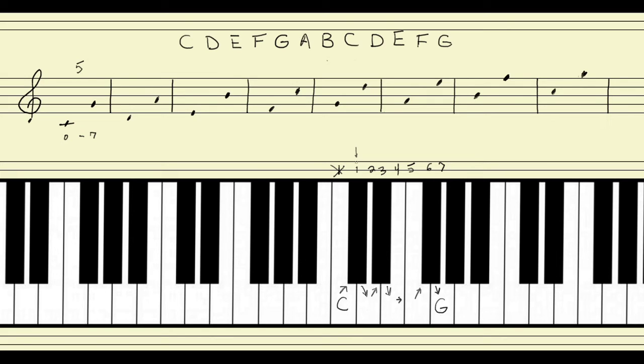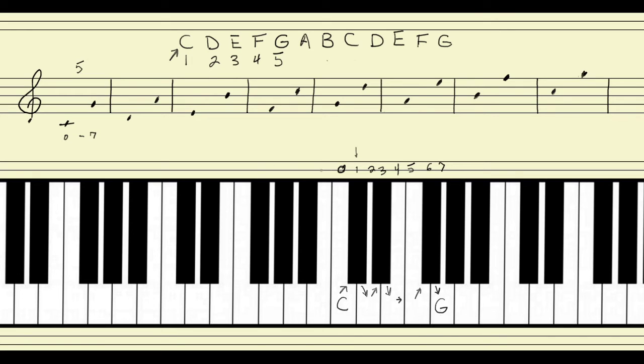I counted 1 on C sharp. Another way of thinking of that is I didn't count 1 on C. I counted 0 on C. And remember, that's a completely different way of counting than when we were counting the diatonic interval, because I started counting 1 on C when I was counting the diatonic interval.